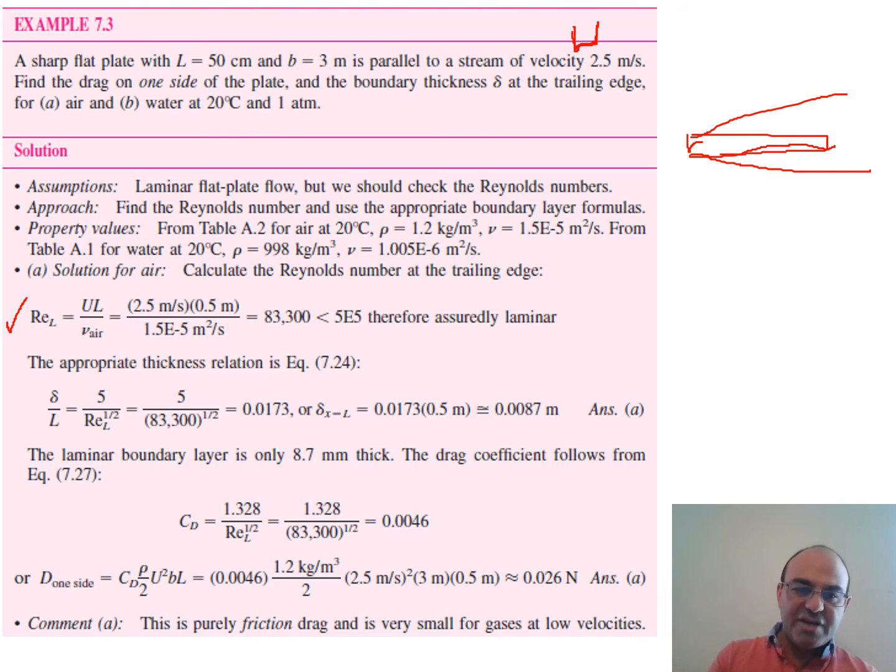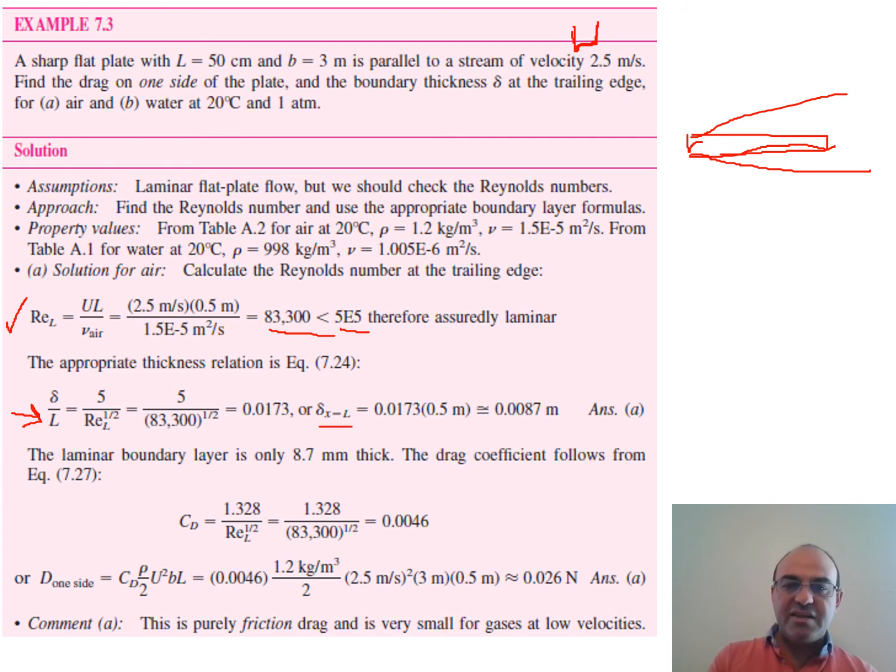If we calculate the Reynolds number, UL over mu of air, we get 83,000. It's less than 5 times 10 to the 5, so it's laminar flow. So we can go ahead and use the Blasius equation, delta over L is equal to 5 over Reynolds L to the 1/2.